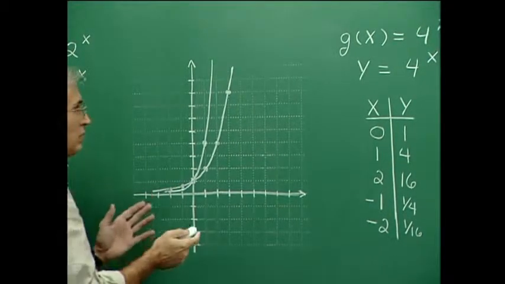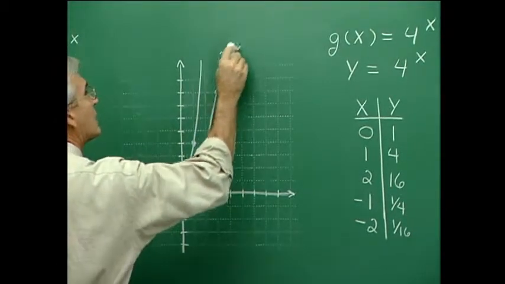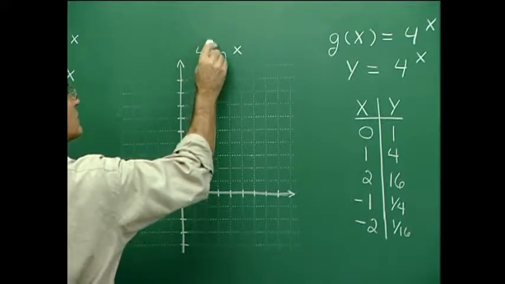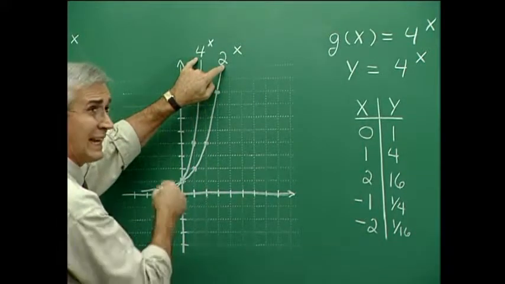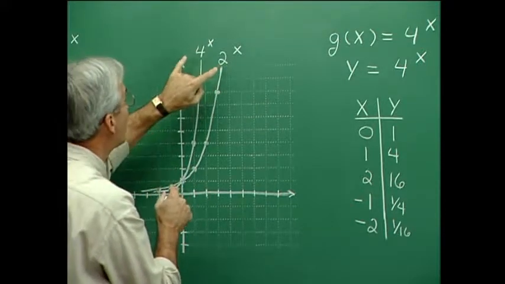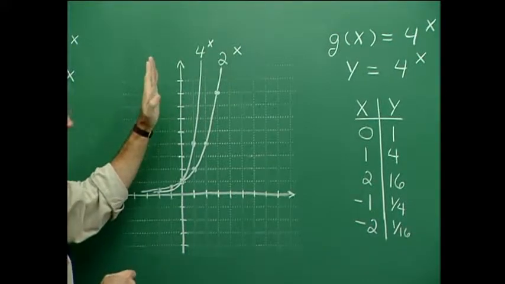Now, from this, we're noticing that if this is the graph of 2 to the x, and this is the graph of 4 to the x, it seems to be the case that as the base of the exponent in exponential functions gets bigger and bigger, the graph rises more sharply and more sharply. And that is the case.